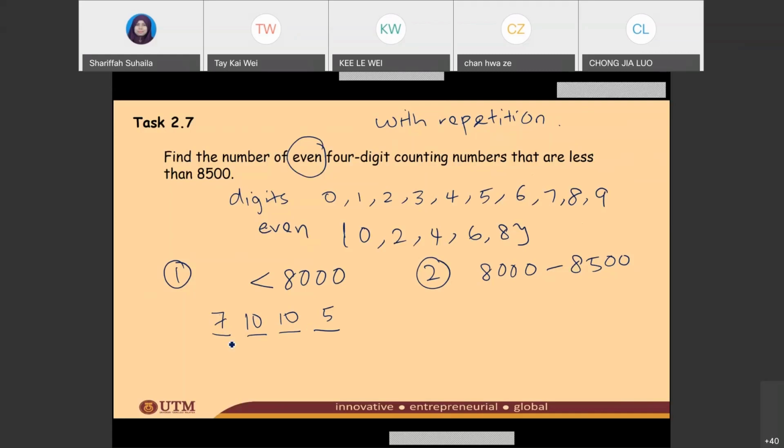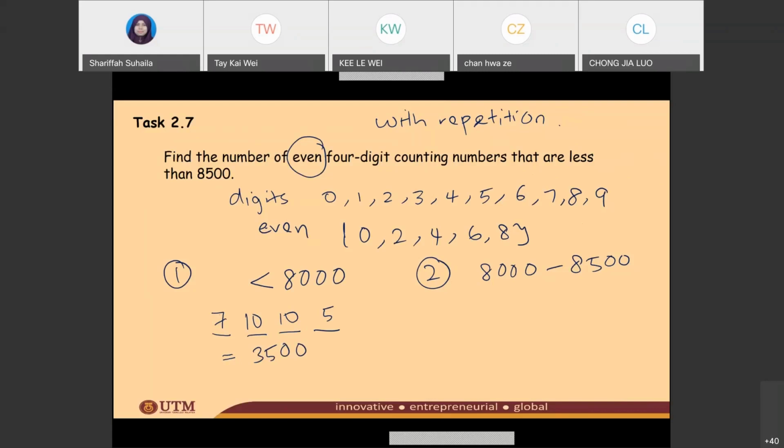So 7 times 10 times 10 times 5, which gives 3,500. So that is the first part.